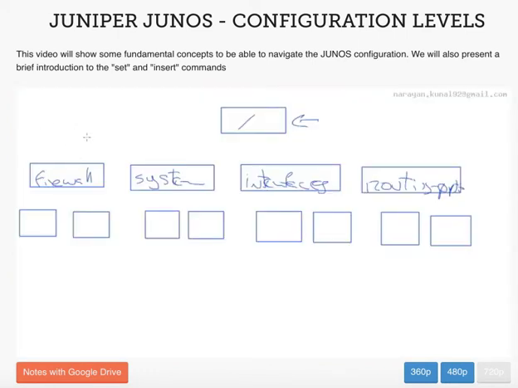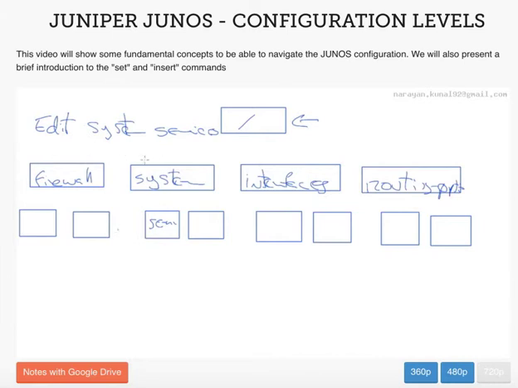So if you do something like edit system services, the system will move you to that particular level, and then you can do configuration from there. It's much simpler and much faster. Then you have options like top and up.